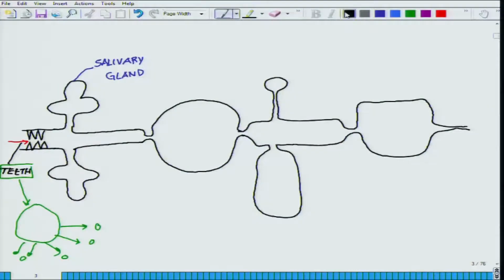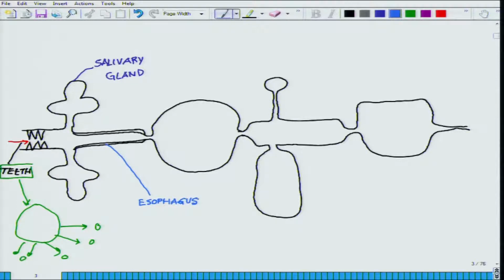Okay. Now, from here comes this canal, which is this whole part, and mind it, one thing I haven't done, these are all double walled structures, and we will come in depth on this. Okay. So, this is your esophagus. Some people write it with O, some write it with E, esophagus. Okay.